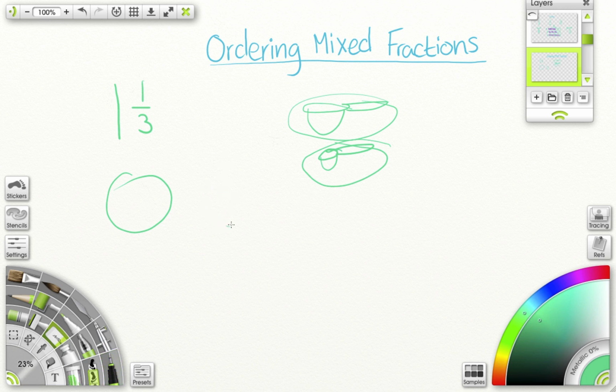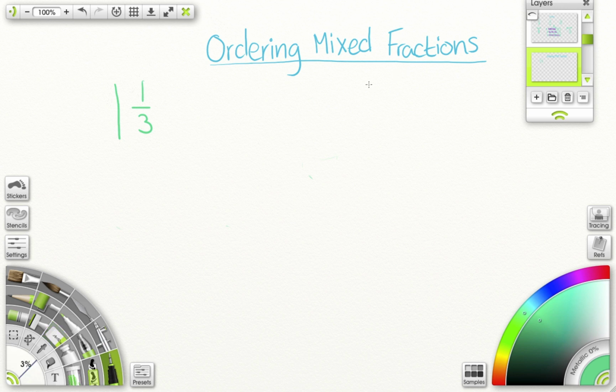An improper fraction is when our top number is bigger than our bottom number. So if I gave you a number like 4 over 3, 4 is bigger than 3. So it means I have 4 parts of a whole.